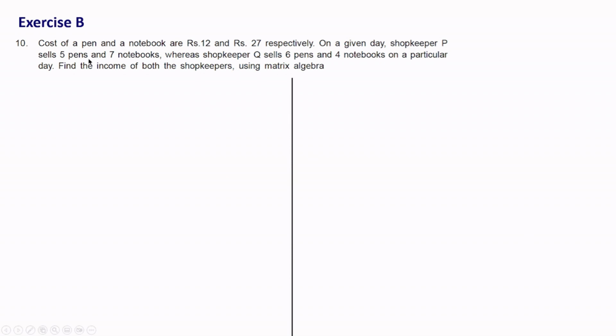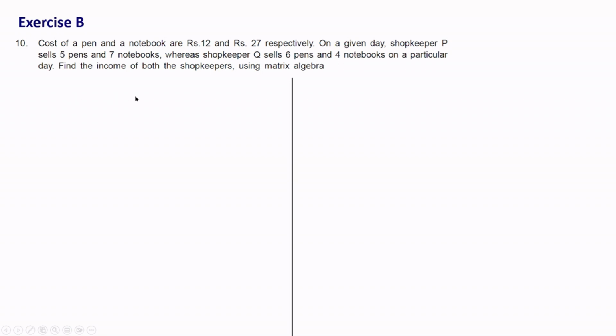The last question in this exercise: cost of a pen and a notebook are rupees 12 and rupees 27 respectively. On a given day, shopkeeper P sells 5 pens and 7 notebooks, whereas shopkeeper Q sells 6 pens and 4 notebooks. Find the income of both the shopkeepers using matrix algebra. So here the cost of a pen and a notebook are given and the number of pens and notebooks which shopkeepers P and Q sell are given.